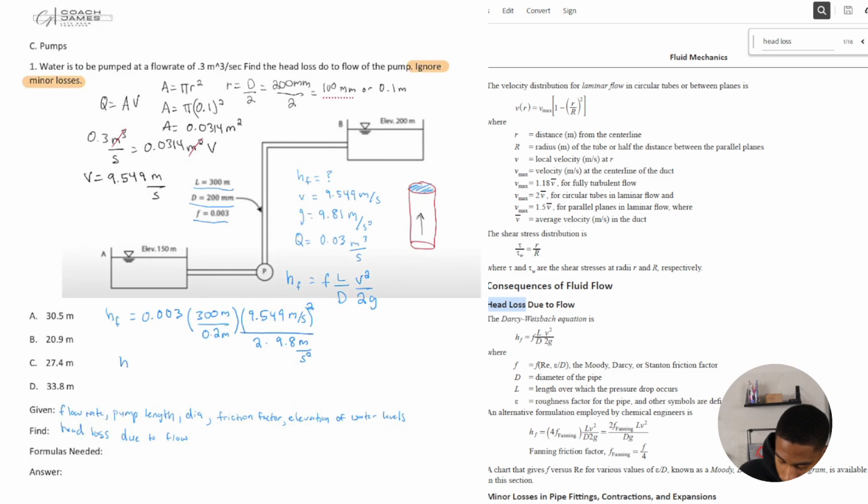All right, and we get H of F is equal to 20.9 meters. So our answer is going to be B.